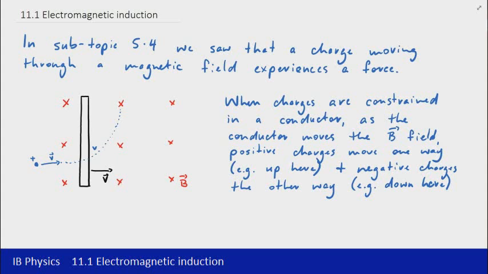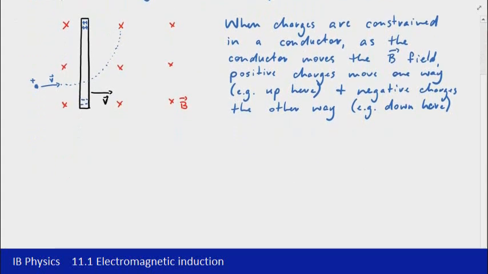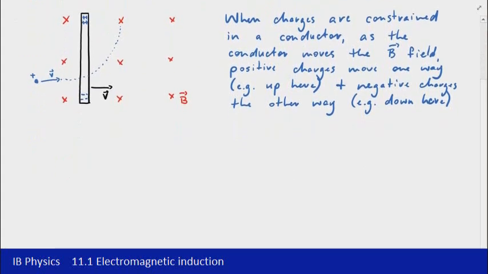So what we end up with, keeping in mind that this is a case of motion, is positive charges that get pushed up to the top and negative charges that get pushed down to the bottom. Now the really important thing to note here is that we now have a separation of charge. The separation of charge here is the important thing, and this is where the electromagnetic induction comes in.